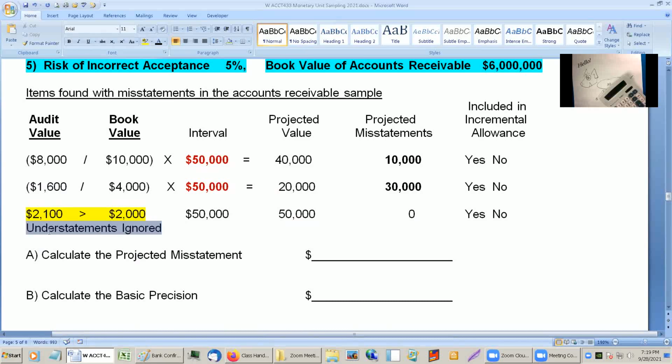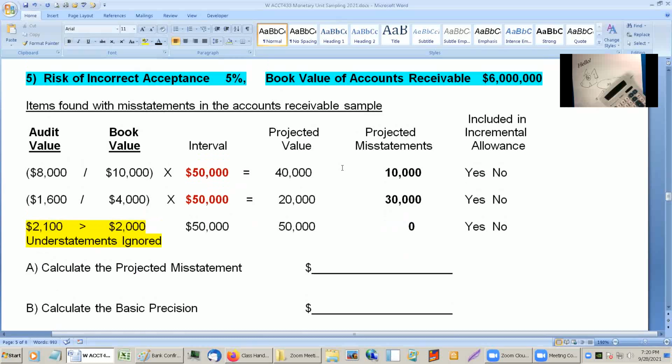And understatements are ignored. This method isn't supposed to find those. When it does find them, it ignores them. And so that's another thing that's kind of quirky about this method.